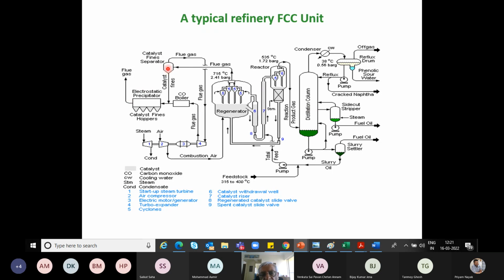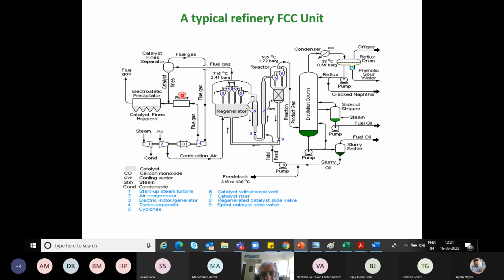Number one is a third stage separator to separate out the catalyst fines. From the third stage separator, the flue gas goes, if technically and commercially viable, into a turbo expander or a turbine to generate electricity. Then the rest of the flue gas, which is still pretty hot, goes into the CO boiler.